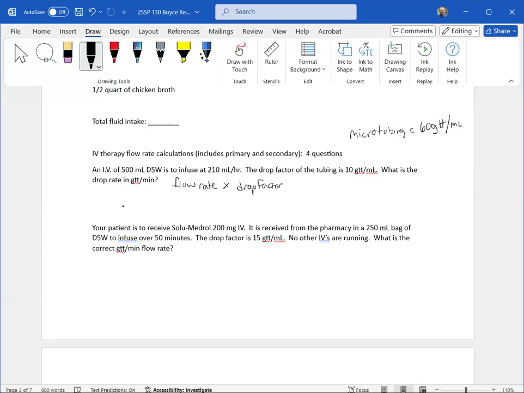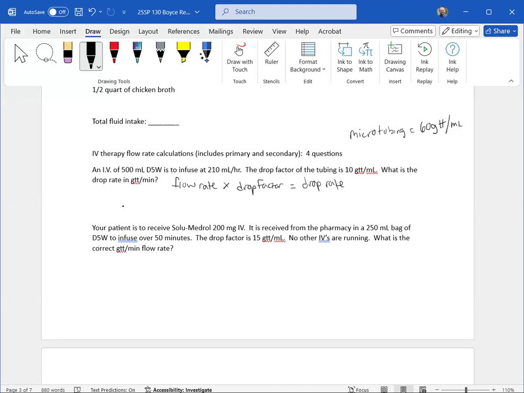Okay. All right. So this is actually a really good question because there's some extra information on here that we really don't need. I already mentioned that the only things you need in order to calculate drop rate are the flow rate and the drop factor.